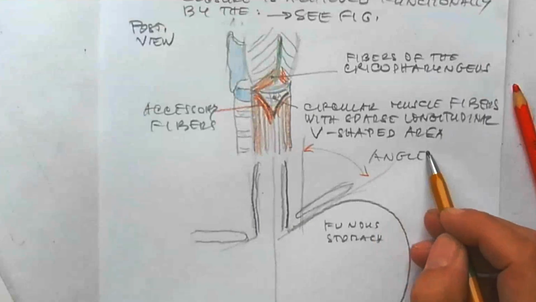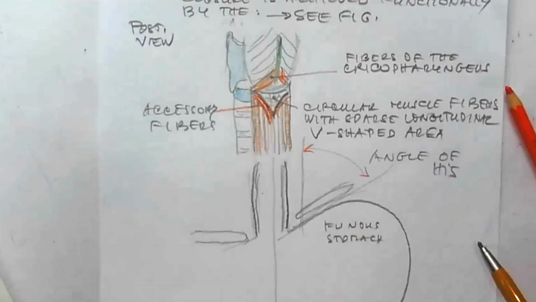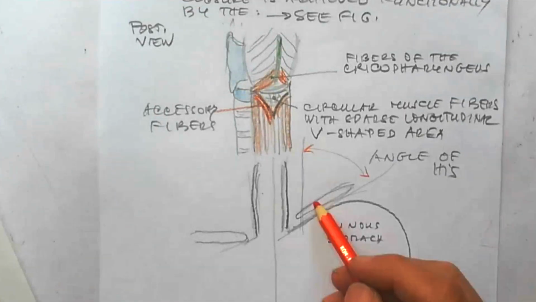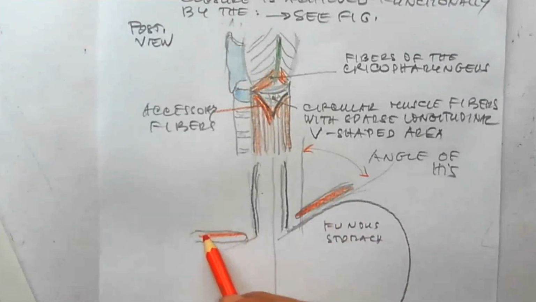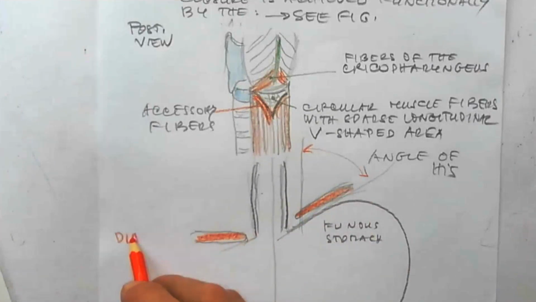Angle of His. This angle of His is also important, acting as the supporting mechanism for the closure of the junction.